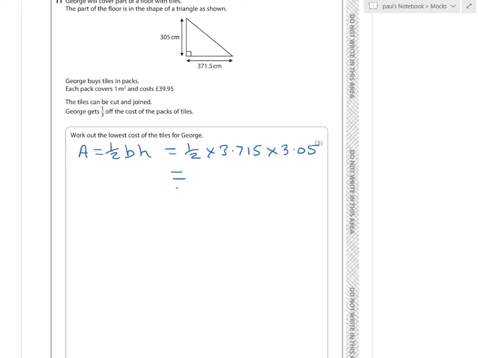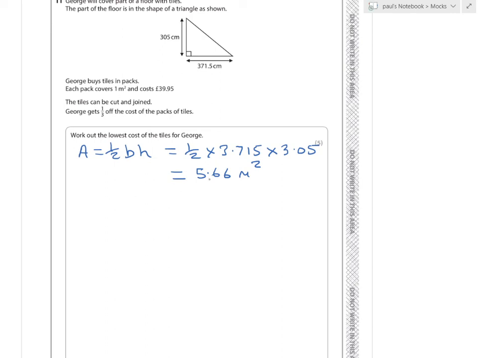So 0.5 times 3.715 times 3.05 is 5.66 meters squared. Each pack covers 1 meter and costs.